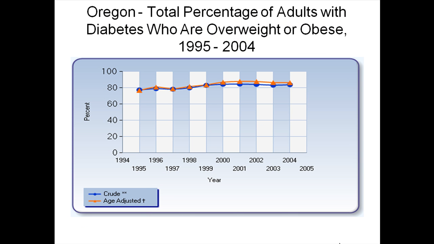And then this graphic deals with diabetics who are overweight. As you can see, that's also increasing, from over 80% now in 2005, so it's probably higher than that as we speak.